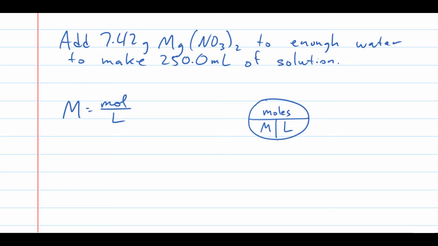Then if we want to solve for any one of these, we just cover up the one that we want to solve. So if we want molarity, molarity is moles over liters. If we want to find the number of liters, that tells us we take the moles divided by molarity. If we want the number of moles, side by side tells us we take molarity times liters. So the molarity pie works very similar to the way the density pie worked earlier this semester.